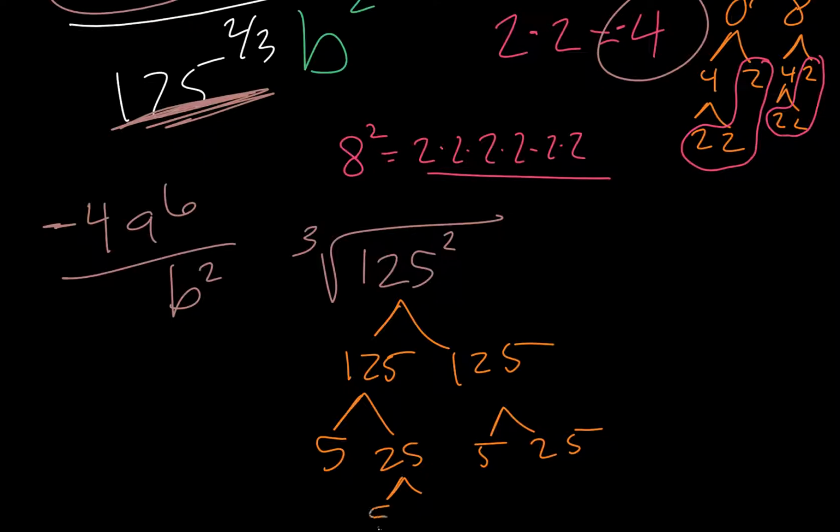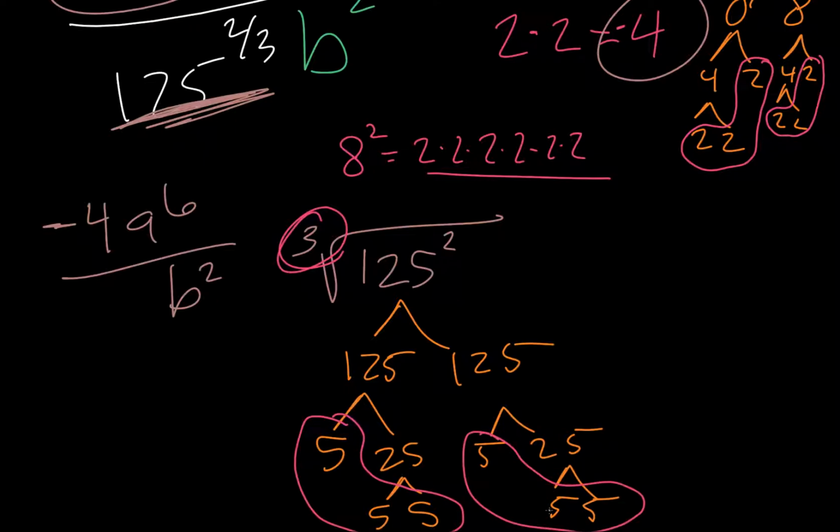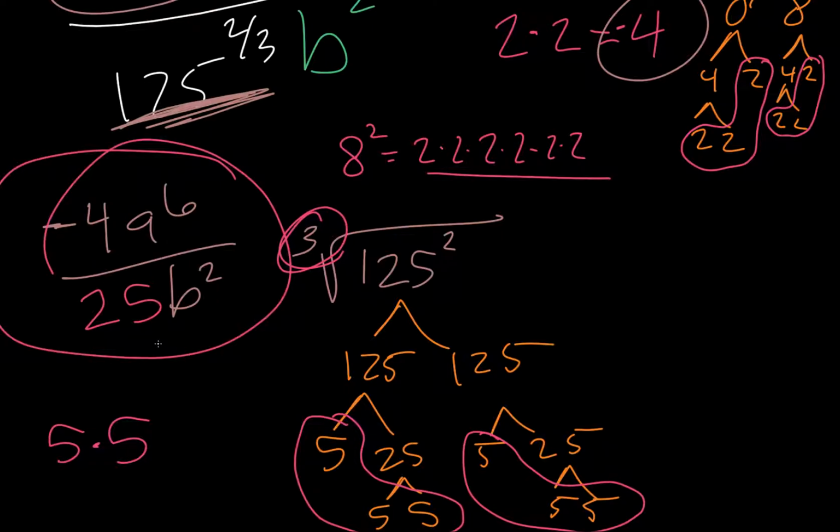And then 25 is 5 times 5. Now we go up to the root number, which is 3. So we need 3 of the same number in order to take it out. We take out this group of 5's, becomes a 5 on the outside. Take out this group of 5's, becomes a 5 on the outside. So that ends up being 25, and that's our final answer on that one.